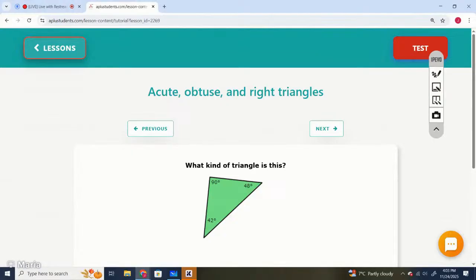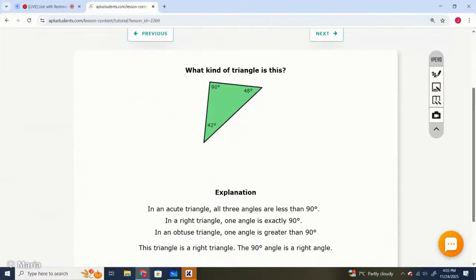What kind of triangle is this? That is a right triangle because one of the angles measures exactly 90 degrees.